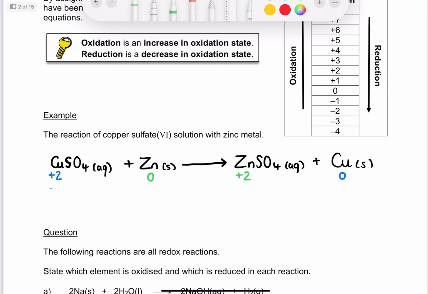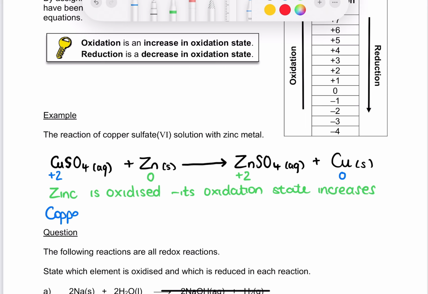So we can see that zinc's number is increasing, so zinc is oxidized because its oxidation state increases. And copper is reduced, its oxidation state decreases.